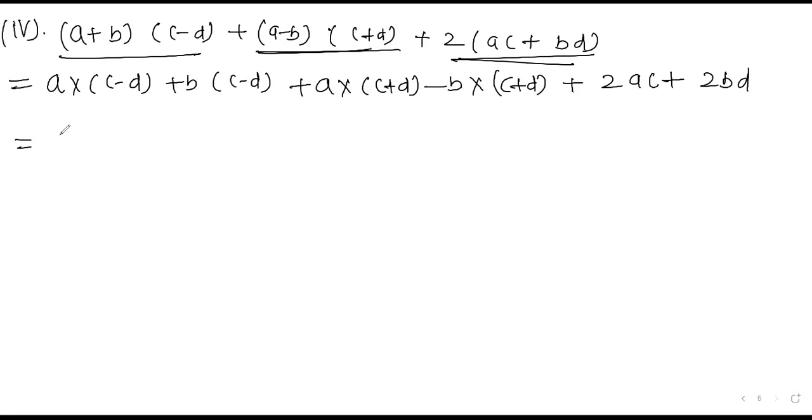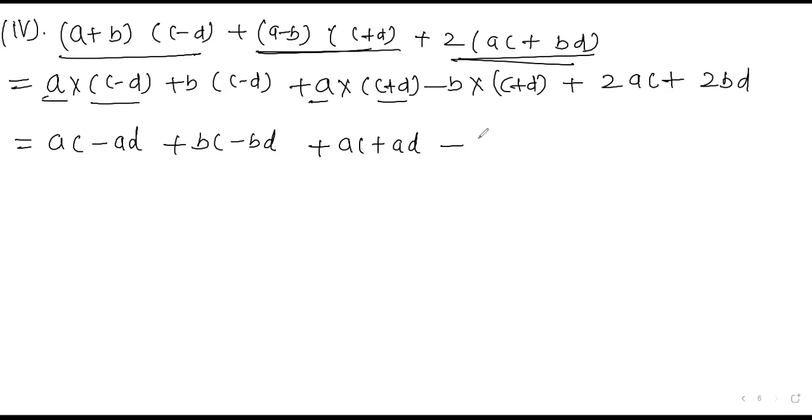If you multiply this one with this one, you will get ac minus ad, and here you will get bc minus bd, right? And again you will get here ac plus ad, and here you will get minus bc plus bd, because of this minus sign, everything will be changed. Now here 2ac plus 2bd.